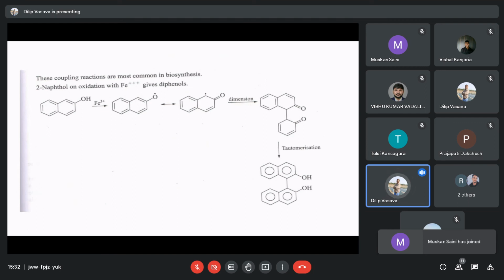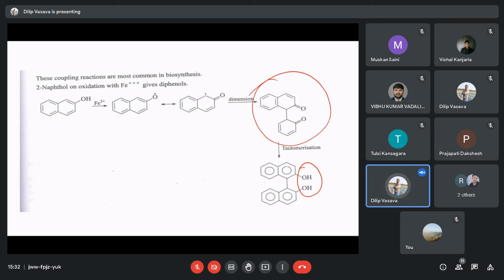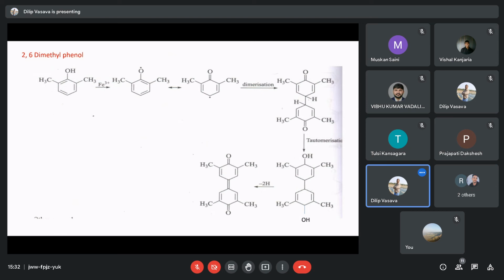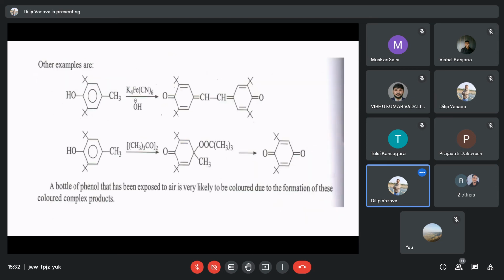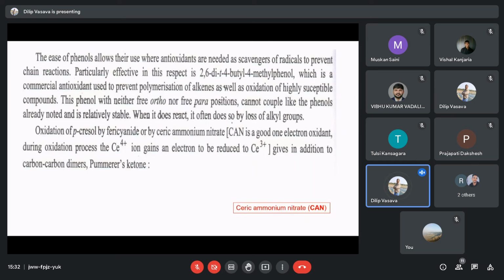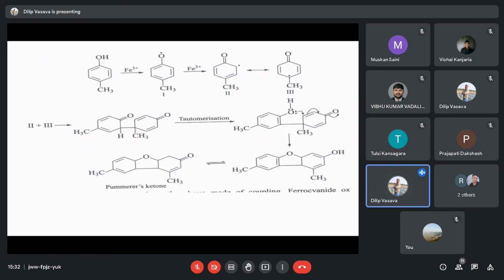Naphthol is there. So how is this diol forming? Actually it forms the diketone, and later on it forms the diol. Now, CAN is another good oxidizing agent, that is cerium ammonium nitrate, which is also a good oxidizing agent utilized so far.